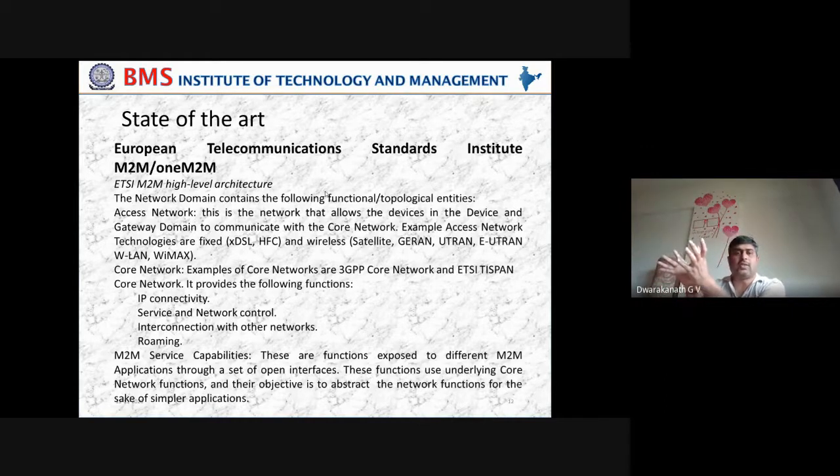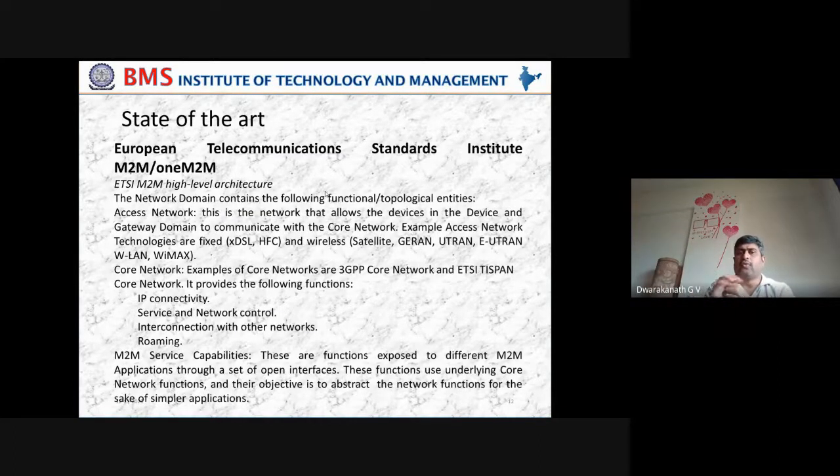That's the core network I have. Examples of access network technologies: you can use DSL connections, Ethernet connections, or wireless connections such as WiMAX or wireless LAN. Even direct satellite connections, E-UTRAN, or GERAN connections. These are all the connections that will connect to the devices. So that's the access network.